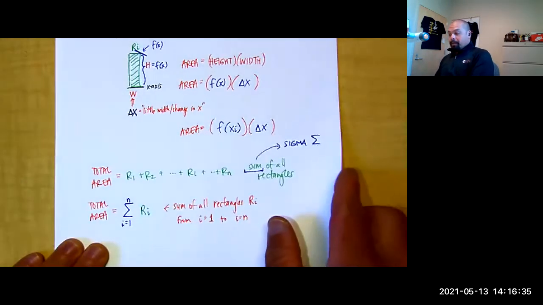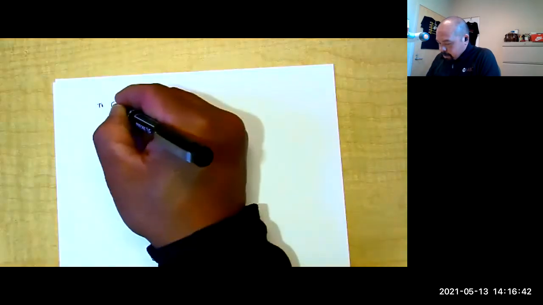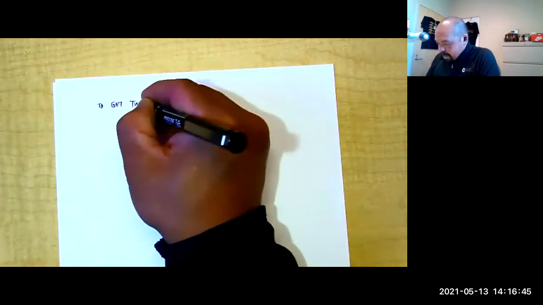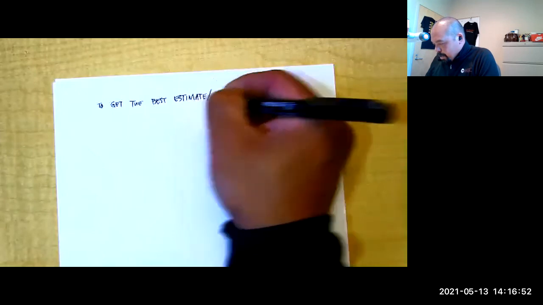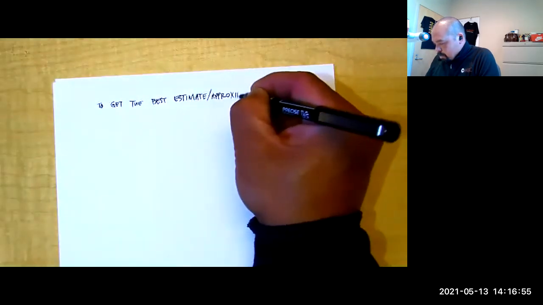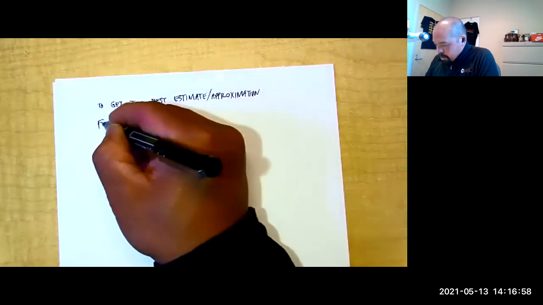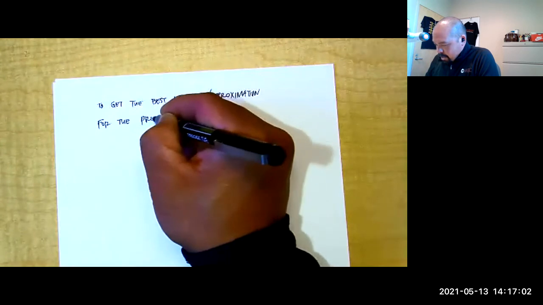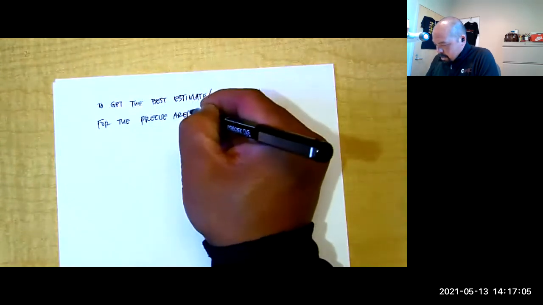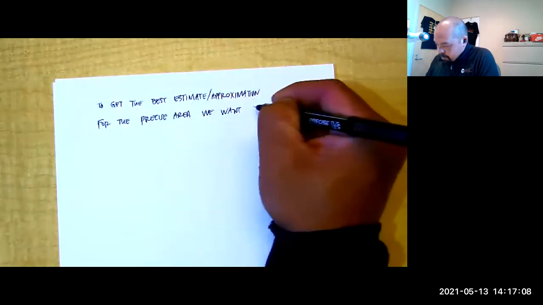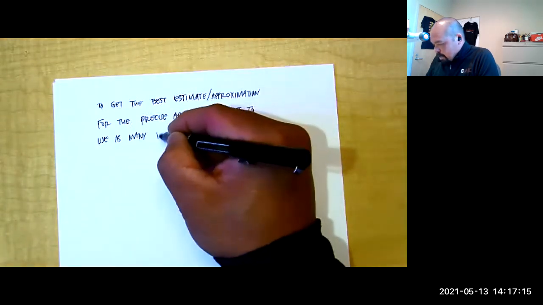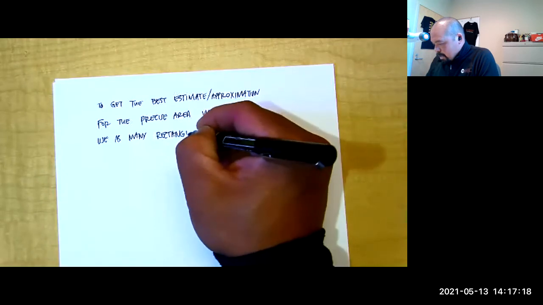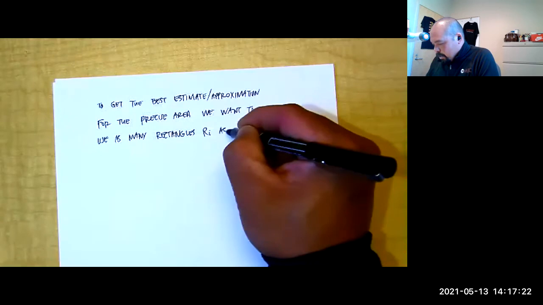So then where our calculus starts to show up, to get that best estimate or approximation for that precise actual area, we want to use as many rectangles as possible.